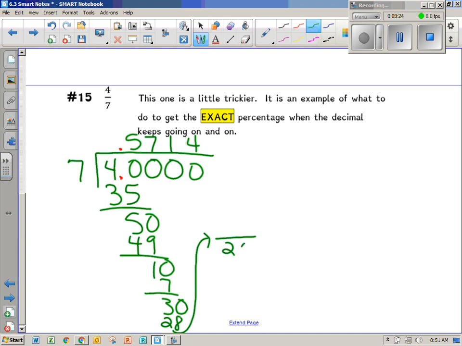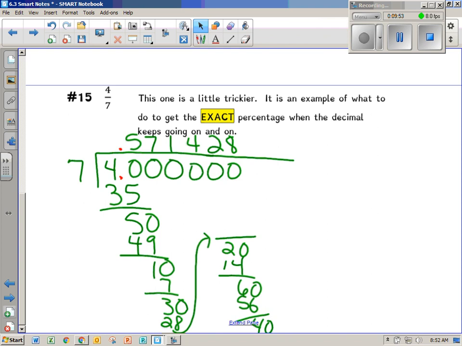That gives me a 2. Bring down. So add another 0. 7 into 20 is going to go twice. That's 14. So about now you start kind of going, oh geez, how long is this going to go on? Nothing is repeating, but it just keeps seemingly going on and on and on forever. Well, I would stop at this point.